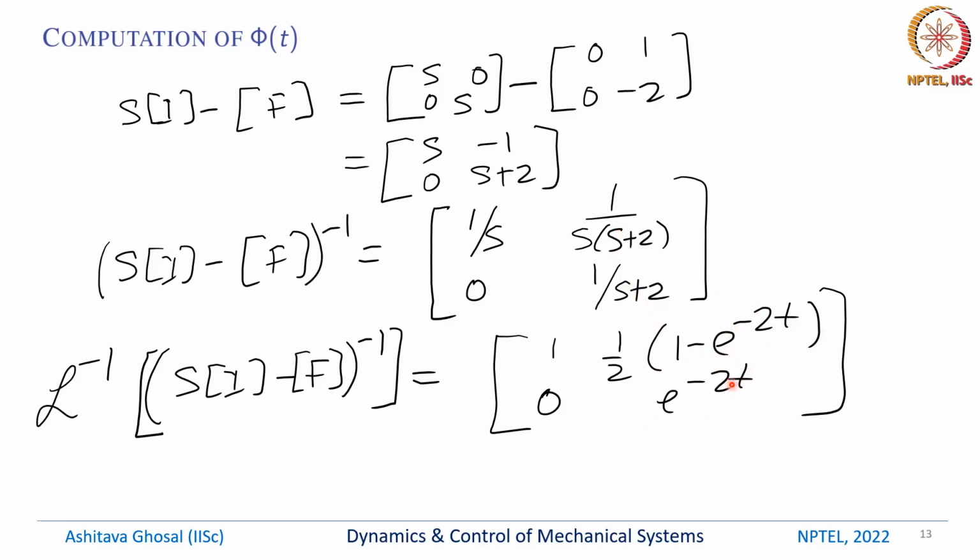And when you have 1 by s into (s plus 2), you can do partial fractions and you will get this term. As you can see, the Laplace inverse expression is the same as what we got using P e to the power lambda t P inverse. So we can find the state transition matrix also using Laplace inverse.